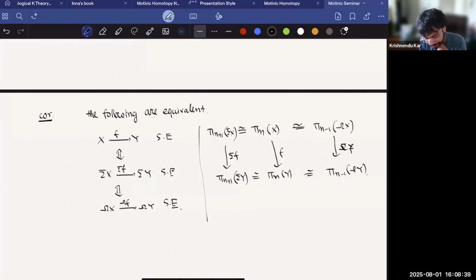So if any of them are isomorphisms, then the rest of them will be isomorphisms as well. From this diagram, it will drop out. Okay.